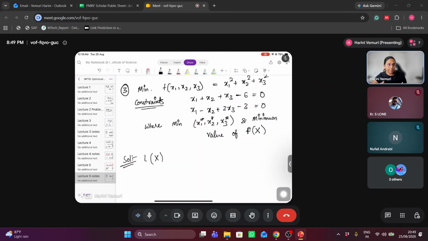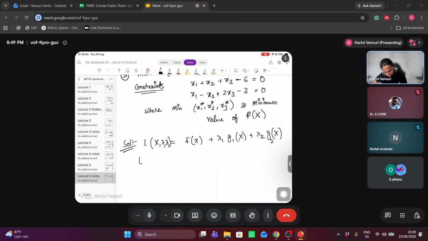So the Lagrangian L of capital X, which represents x1, x2, x3, all three variables, is equal to f of x plus, since we have two constraints, lambda 1 g1 of x plus lambda 2 g2 of x. And remember, the Lagrangian variables are x and lambda 1, lambda 2. So L of x1, x2, x3, lambda 1, lambda 2.